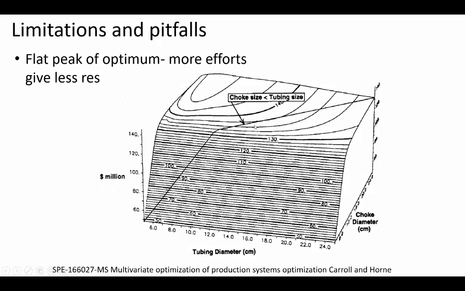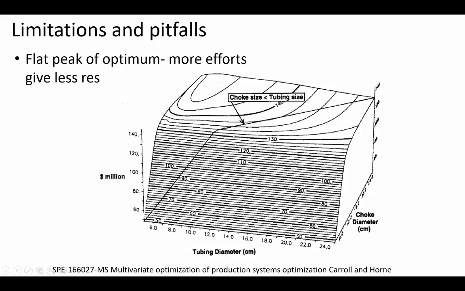But after that it becomes flat, and then it might take a long time to reach the actual optimum from these values. So if you implement a production optimization project, initially you may get very good increases, but getting the final increase might take a long time and be quite challenging.